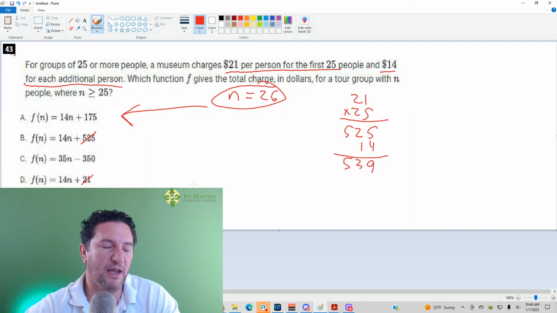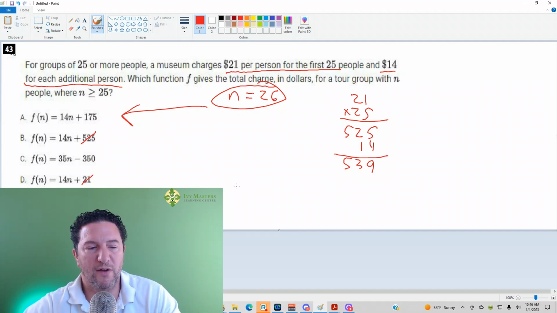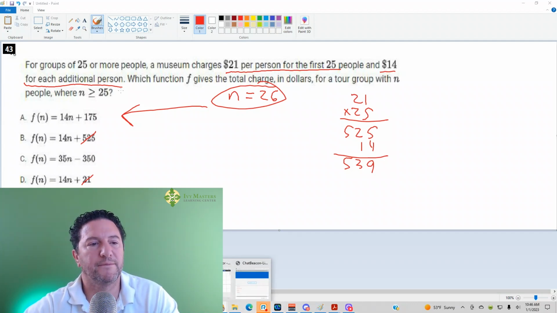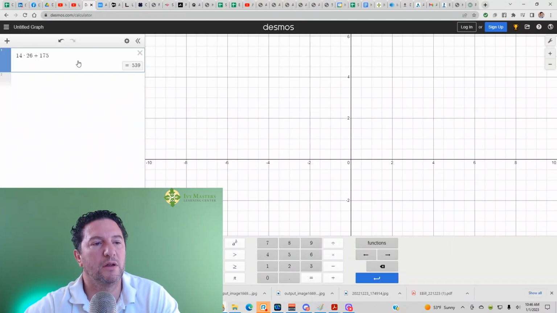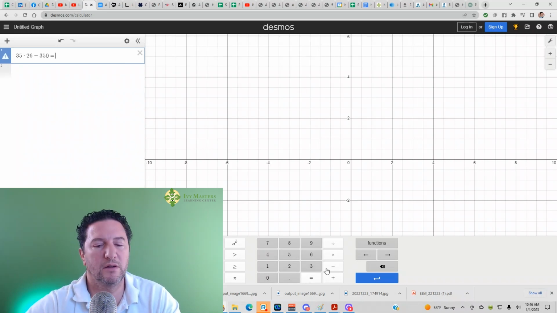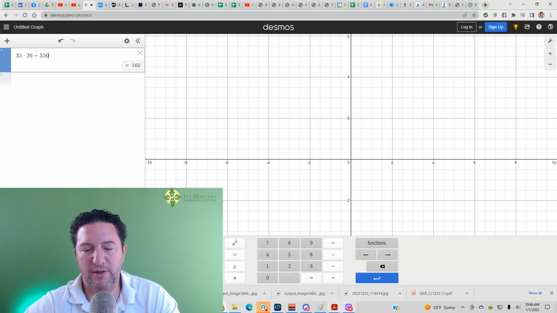You could check answer choice C, 35 times 26 minus 350, and we've got 560, so we know that that doesn't work. So that's one way that you could do it.